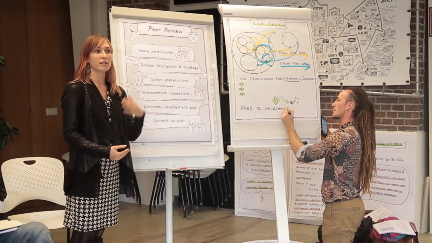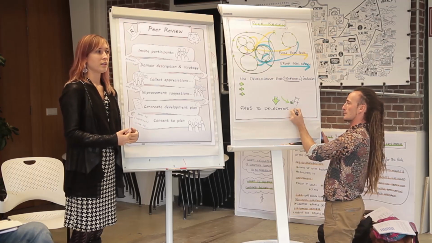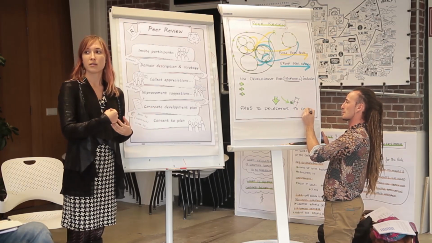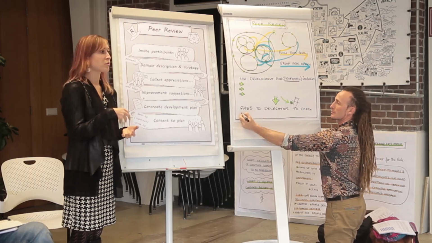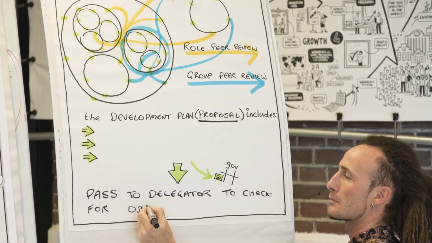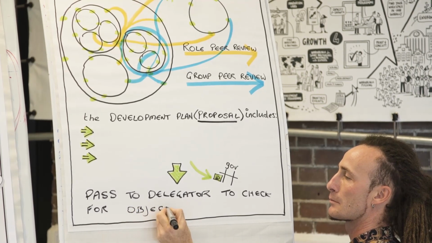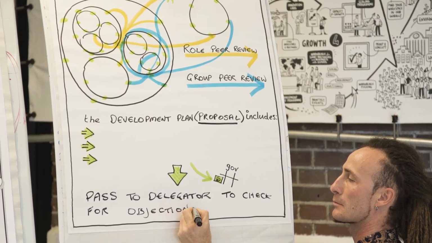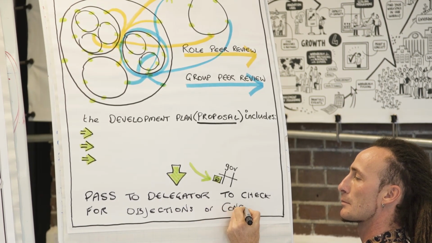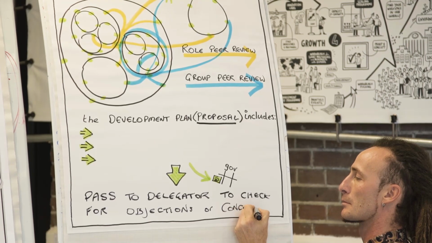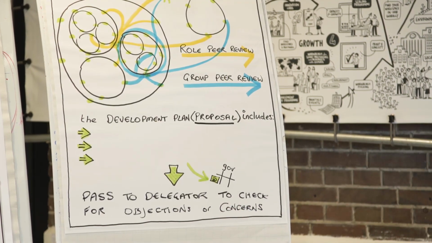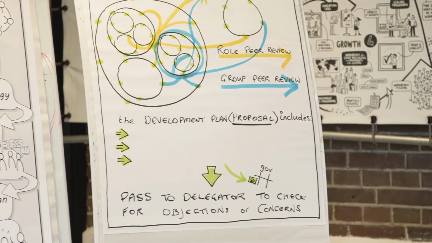So whenever that development plan is created in that meeting, it will come to their governance backlog as a proposal and check for further objections or concerns. And in case they failed miserably, nobody can say, oh, you did a bad job and I knew this was going to happen, because they had a chance to check it and express any objections or concerns. It really distributes the accountability.